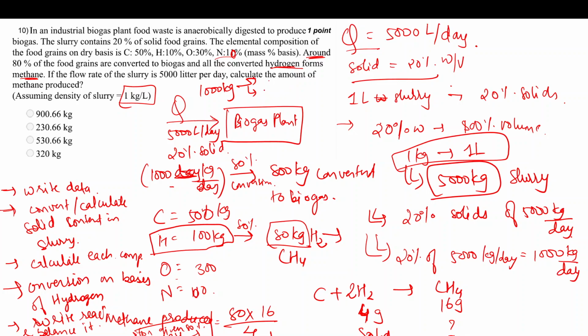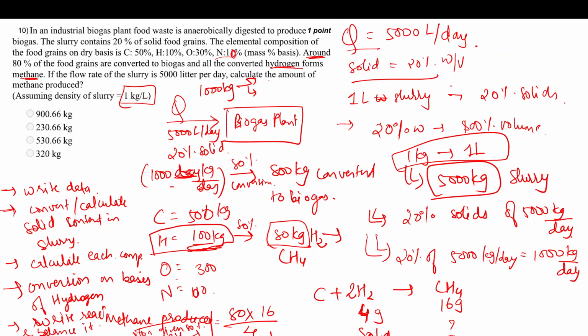So here, for hydrogen basis, since it is given, 80% of this 100 kg which is going into the biogas plant is converted into methane, right? So this is totally converted to methane. And what is the reaction for methane production? It is nothing but carbon plus hydrogen, which gives CH4. I hope I am able to answer your question.